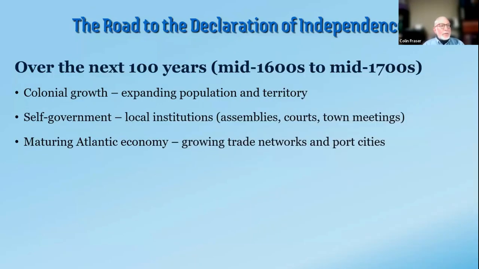So over the next 100 years, from the mid-1600s to the mid-1700s, you had three things going on. You had the growth of the colonies itself, expanding both in territory and in population. There was a lot of self-government expansion, assemblies, courts, town meetings, formal organizations that were not encouraged, particularly by the English back home, but those local institutions were developing as well.